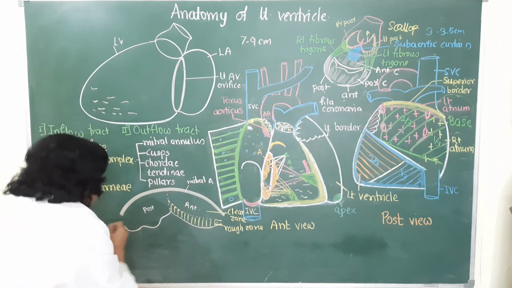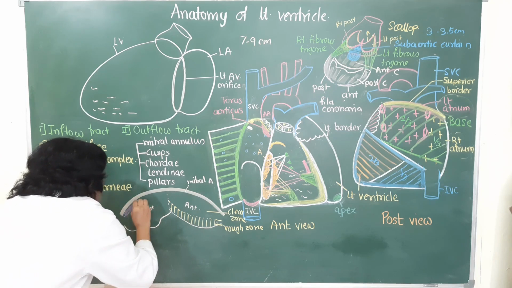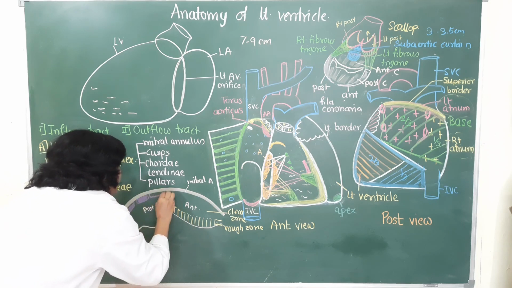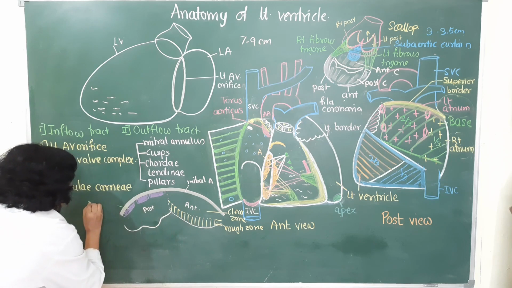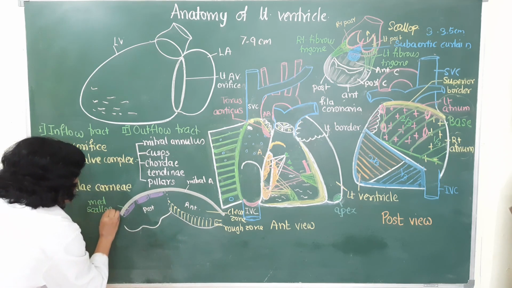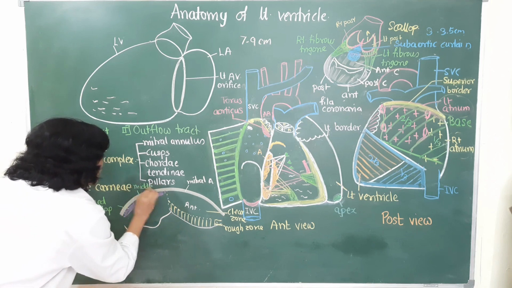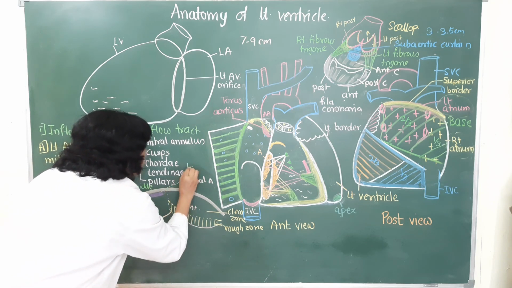For the posterior leaflet, the basal zone is divided into 3 scallops. This is the medial scallop, this is middle scallop, and this is the lateral scallop.